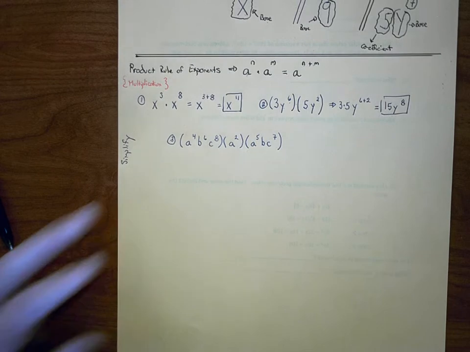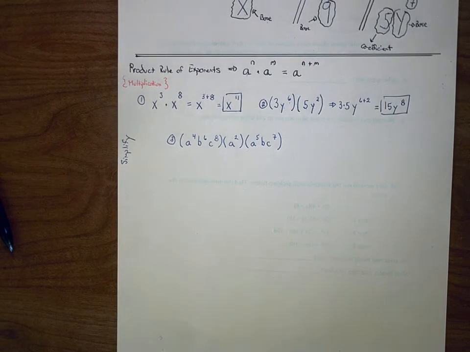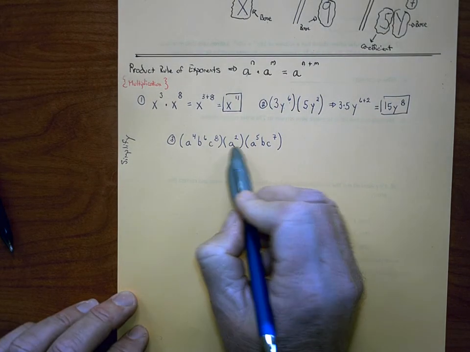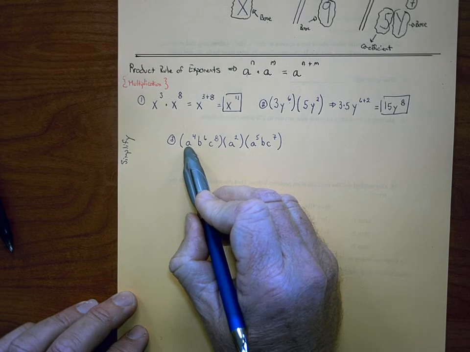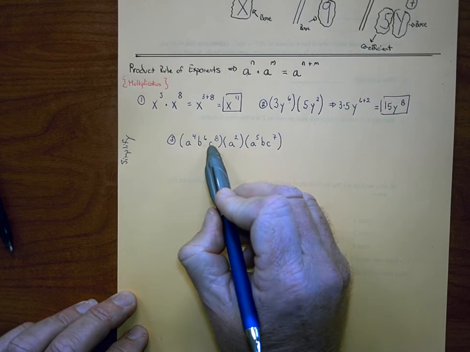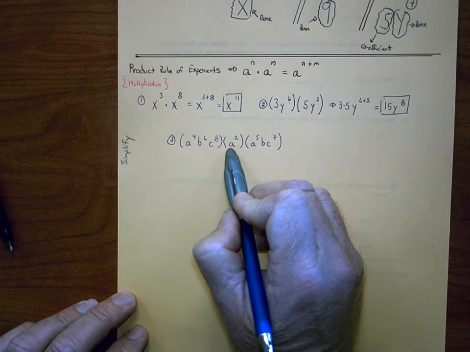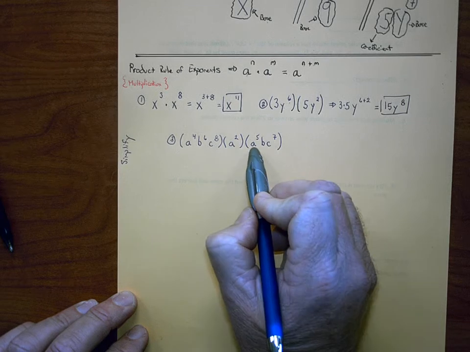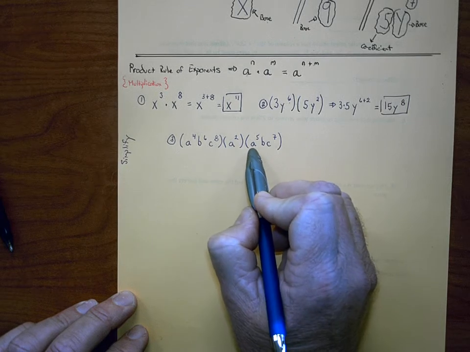Okay? So in this problem, you can see I'm multiplying 3 expressions together. Some of them have bases of a, b, and c. This middle expression only has a base of a, and then this last expression only has bases of a and b and c.